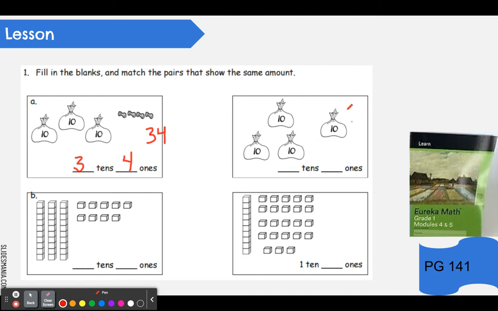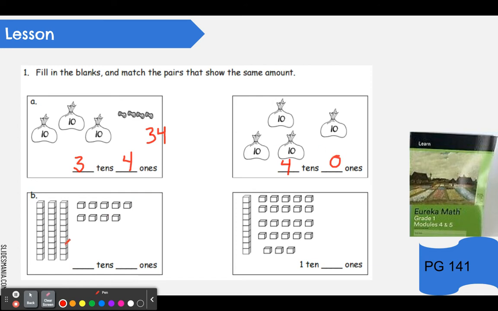So how many tens do you see here? If you said 4, you are correct. How many ones do you see? Okay, if you said 0, you are correct.